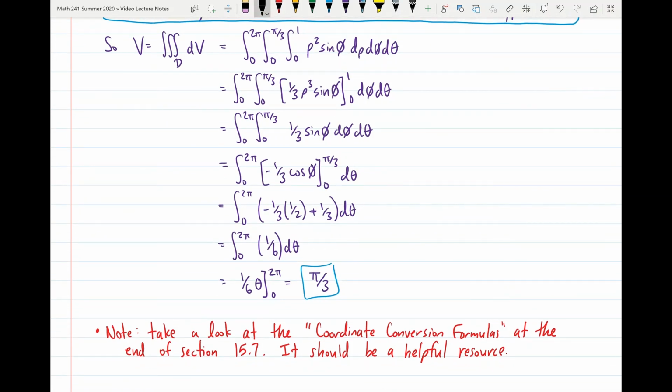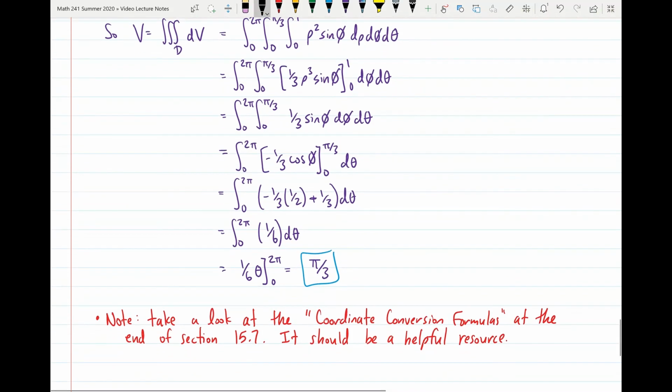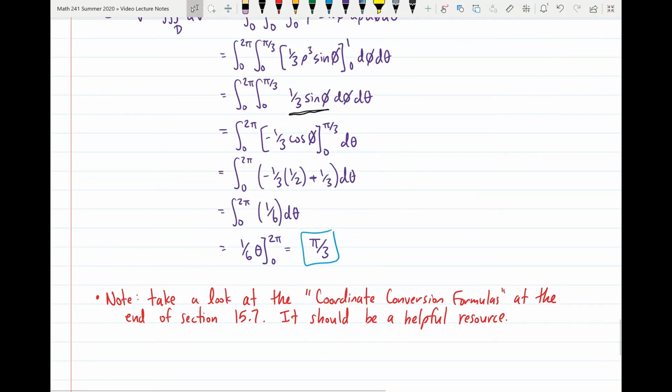We plug in 1 for rho, and that gives us this 1/3 sine phi here. Now we want to integrate the next inner integral with respect to phi, and we get negative 1/3 times cosine of phi evaluated from 0 to pi over 3.